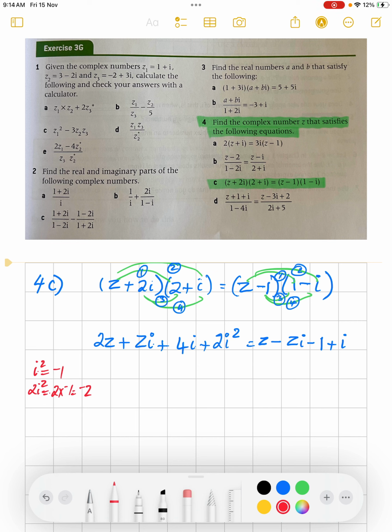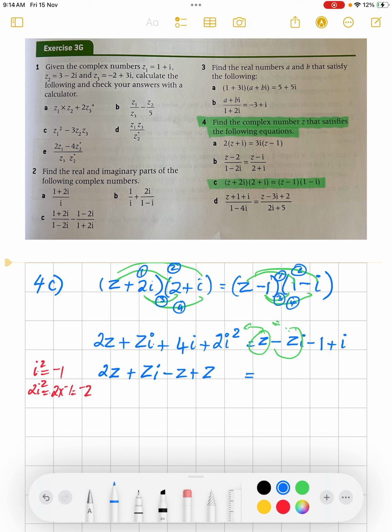So let's replace that. I'm going to put all the z's on the left. So I'm going to leave the 2z there on the left. I'm going to leave the zi there on the left. I'm going to bring this z across to be minus z here. I'm going to bring this across to be plus zi.